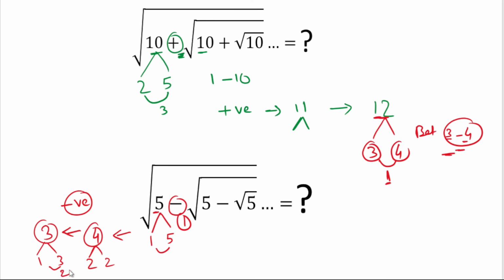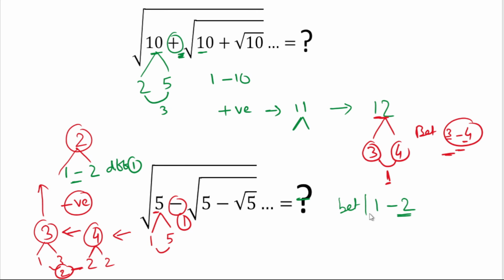The difference is 2, so we cannot take that, and after that we move further backward and we get 2. The factors of 2 are 1 and 2, and if we take the difference, it is also 1. So the answer in place of the question mark will be any number between 1 and 2. So friends, this is our answer.